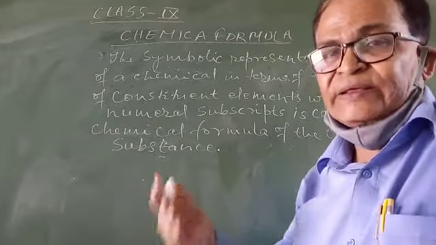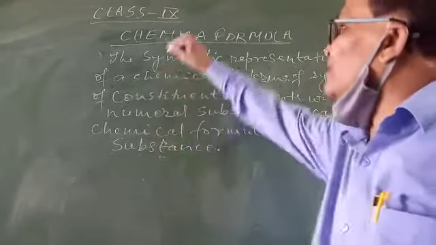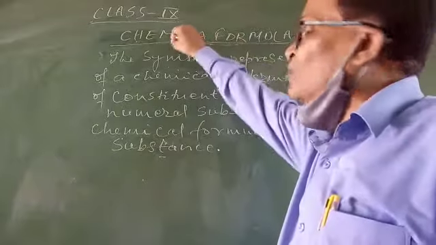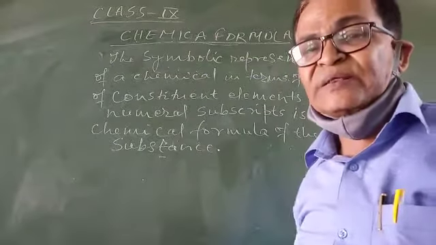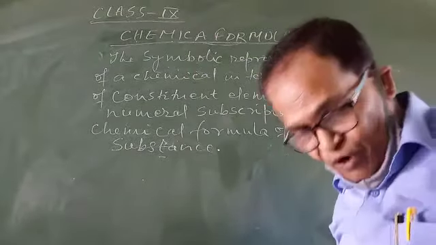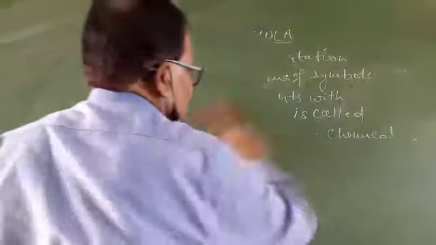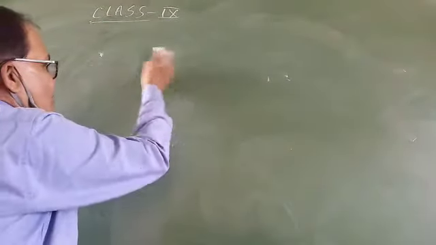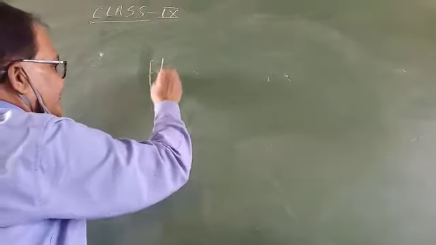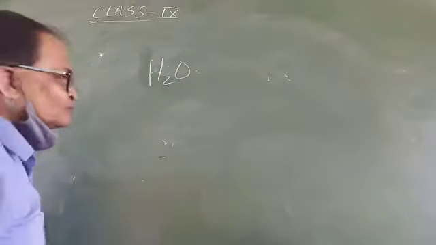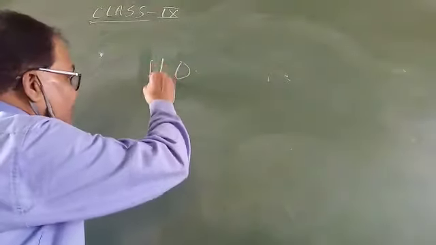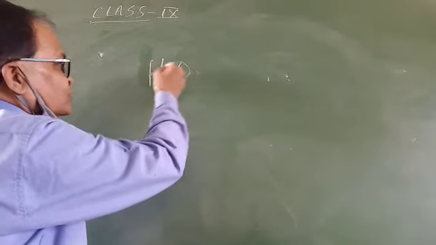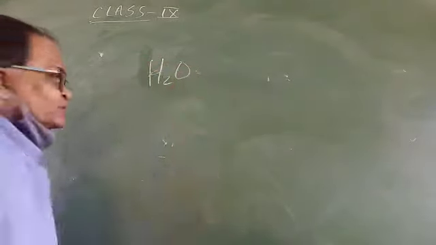We can see here that the chemical formula and molecular formula remain the same for a chemical. For example, a molecule of water, H2O. In water, hydrogen and oxygen are constituent elements.